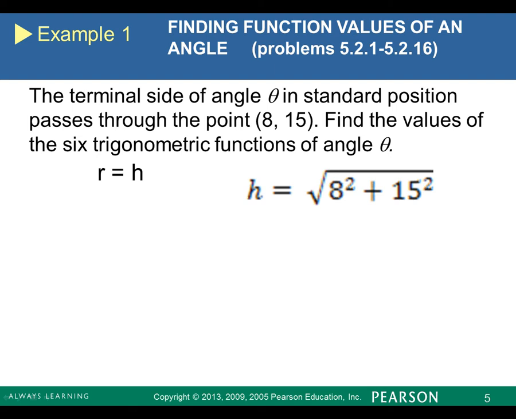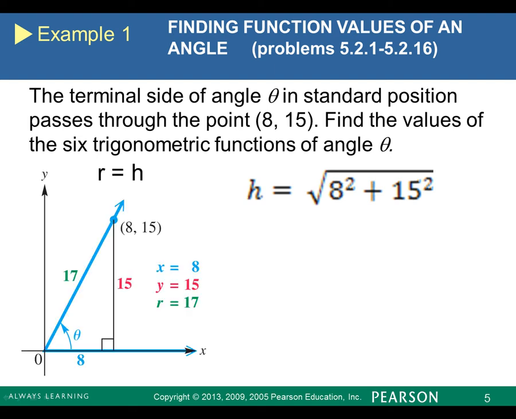Okay, here we have a terminal point on the coordinate plane, 8, 15. We want to find the values of the 6 trigonometric functions. Well, it helps to draw it out. So we always start from the origin, 0, 0, and the vertex always goes out from the origin.